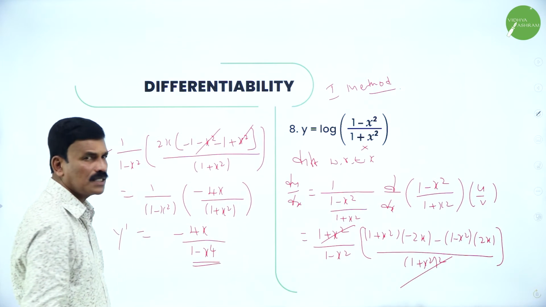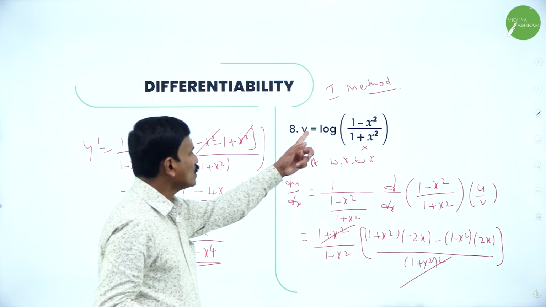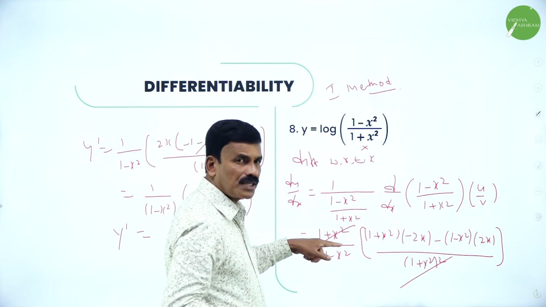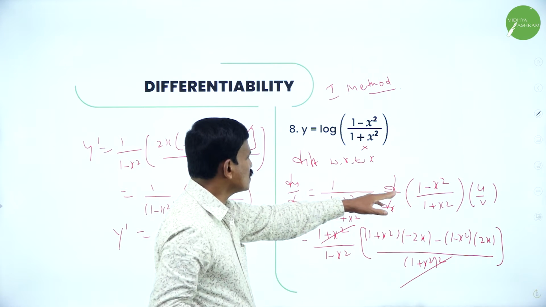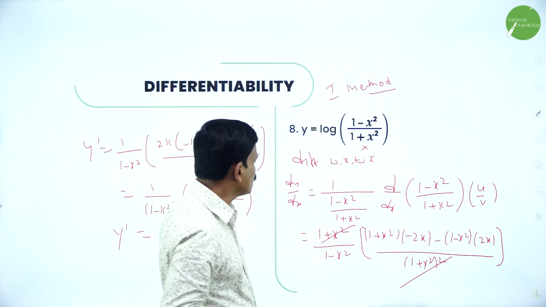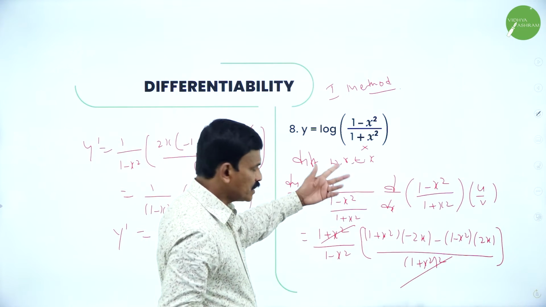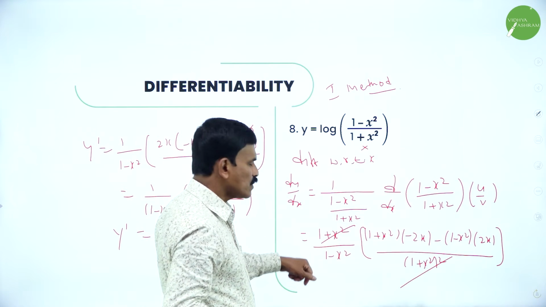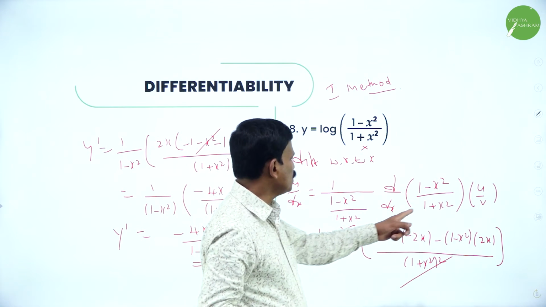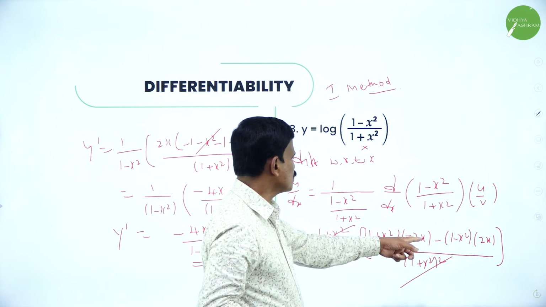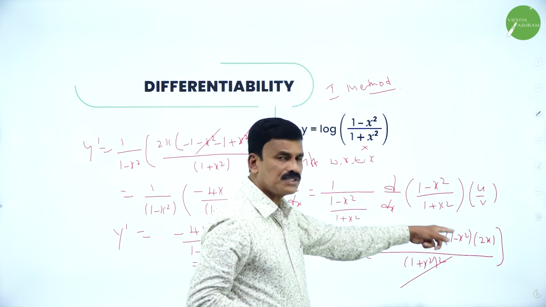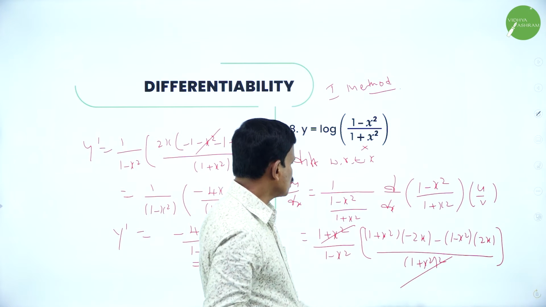This is one method. Okay. See here, differentiation of log x is 1 over x. 1 over x is 1 minus x square by 1 plus x square into d by dx of 1 minus x square by 1 plus x square. Reciprocate it. This goes to the numerator, 1 plus x square by 1 minus x square into d by dx of u by v. Denominator, differentiation of x square is 2x minus numerator, differentiation of x square is 2x divided by 1 plus x square whole square.